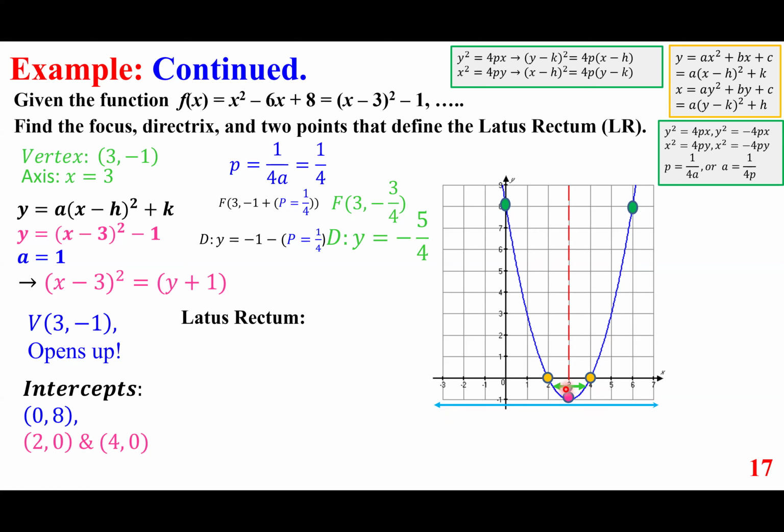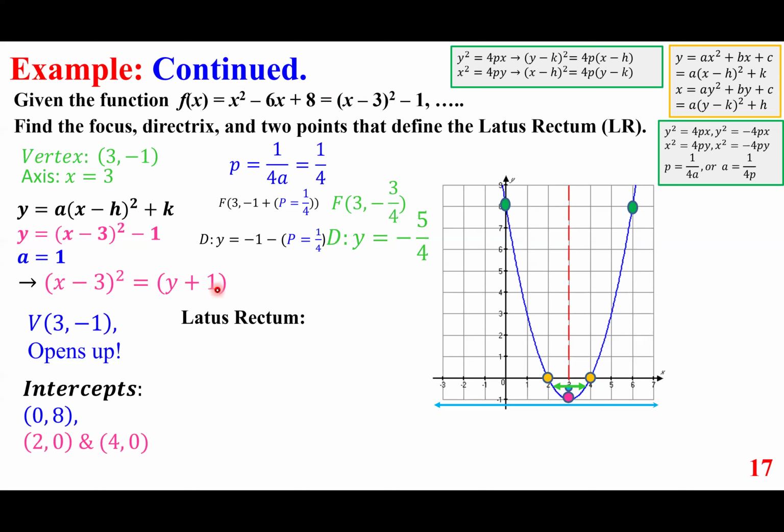Now, the focus and those 2 points have the same y coordinate. Remember, the focus has a y coordinate of -3/4. So this point and this point also have the same y coordinate. What is the x coordinate? You can put it into this equation.